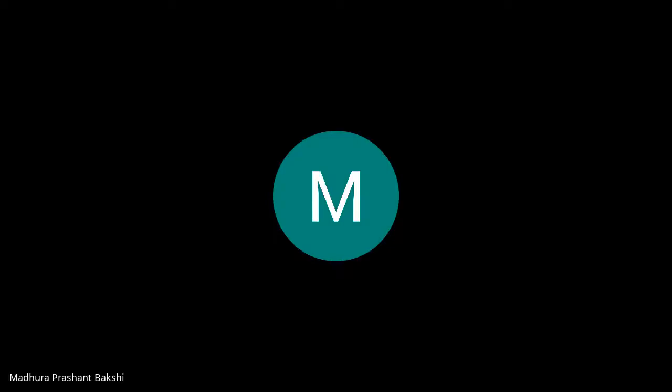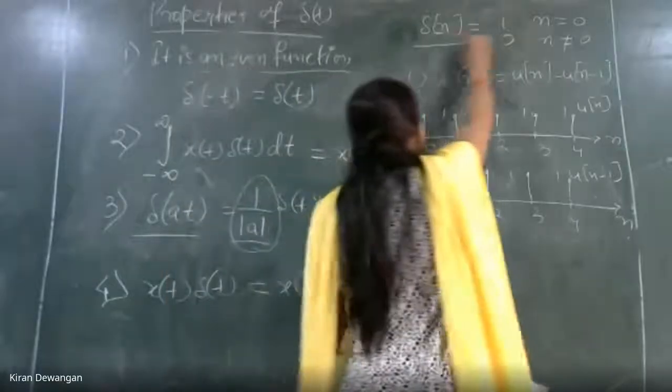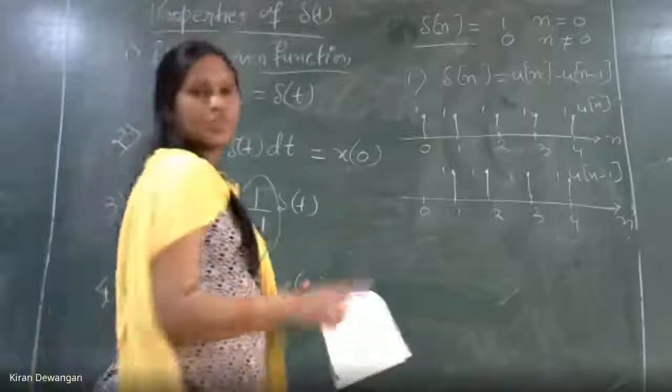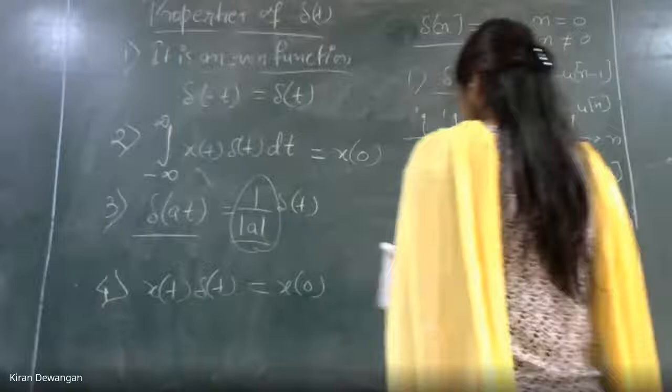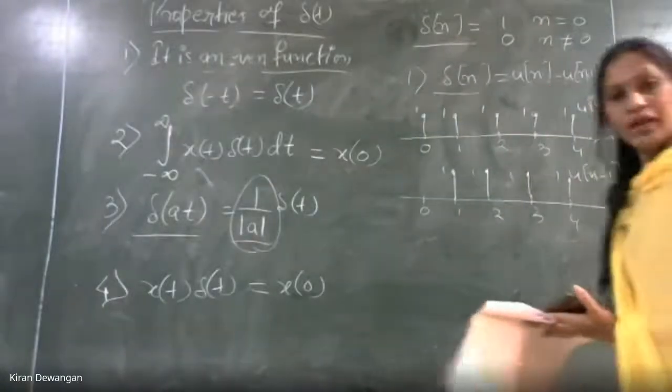Only the value at n equals 0. So that will be just del n. Clear? So that is the first property. The first property says del n is equal to u of n minus u of n minus 1. Clear?